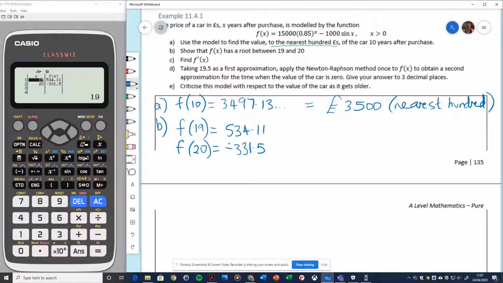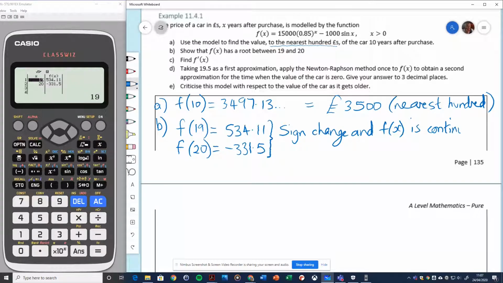Make sure you give a reasonable amount of significant figures here. I'd say at the very least 3. And then tell the examiner what's important here. There has been a sign change. And also the function is continuous.